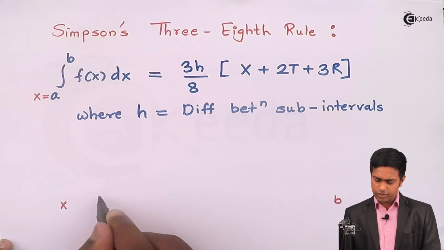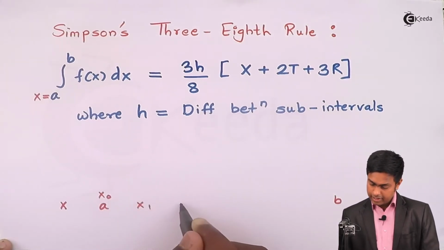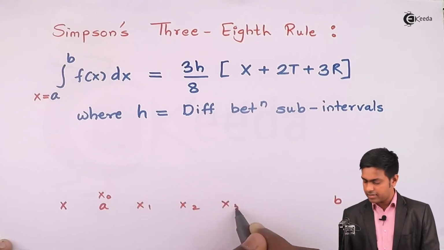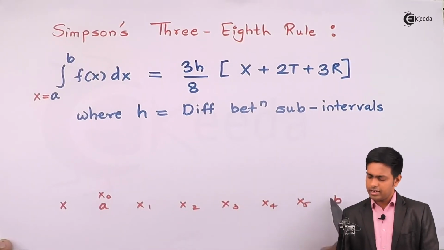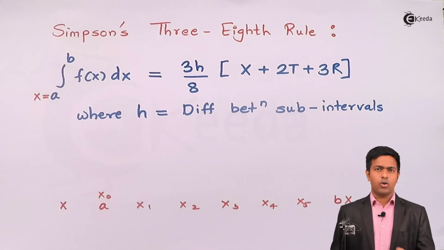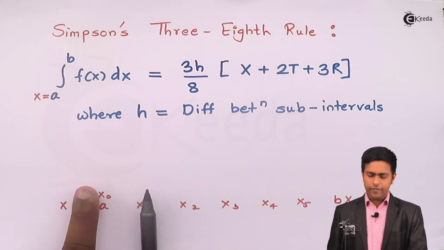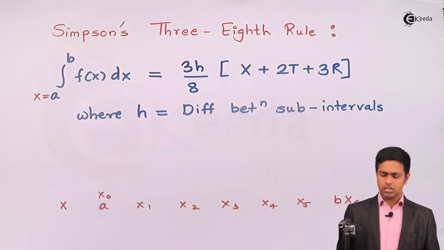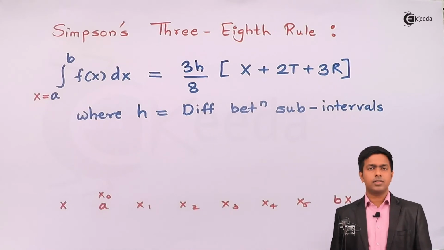Let's call the first value x0, then we will take x1, x2, x3, x4 and x5, and let's call the last value x6. The difference between any two values of x must be constant, and that difference is called h. So h is nothing but the constant difference between any two subintervals.